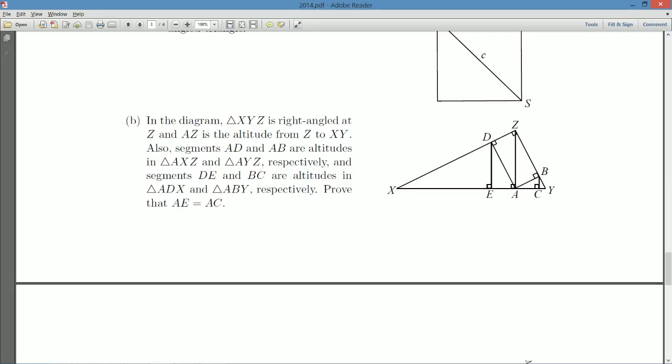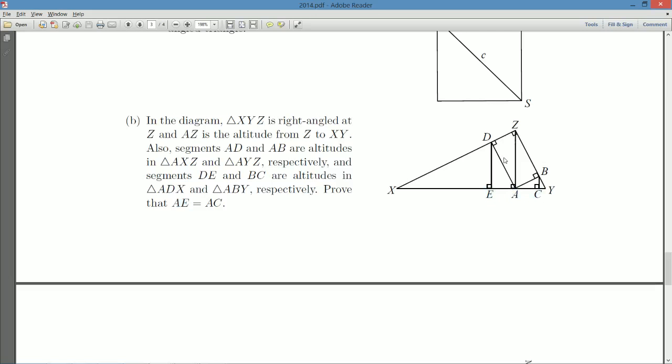And segments DE and BC are more altitudes for ADX and ABY. Prove that AE is equal to AC. Okay, so if we have a right angle triangle, we drop the perpendicular opposite the right angle, and drop 2 more perpendiculars, and then perpendiculars after that, we should always have the same length there. That's actually kind of nifty.